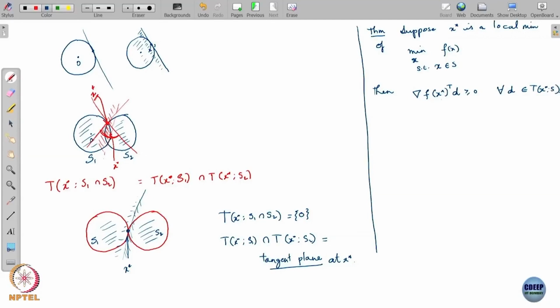So the gradient of f at x star transpose d is greater than or equal to 0 for all d in the tangent cone at x star with respect to S.